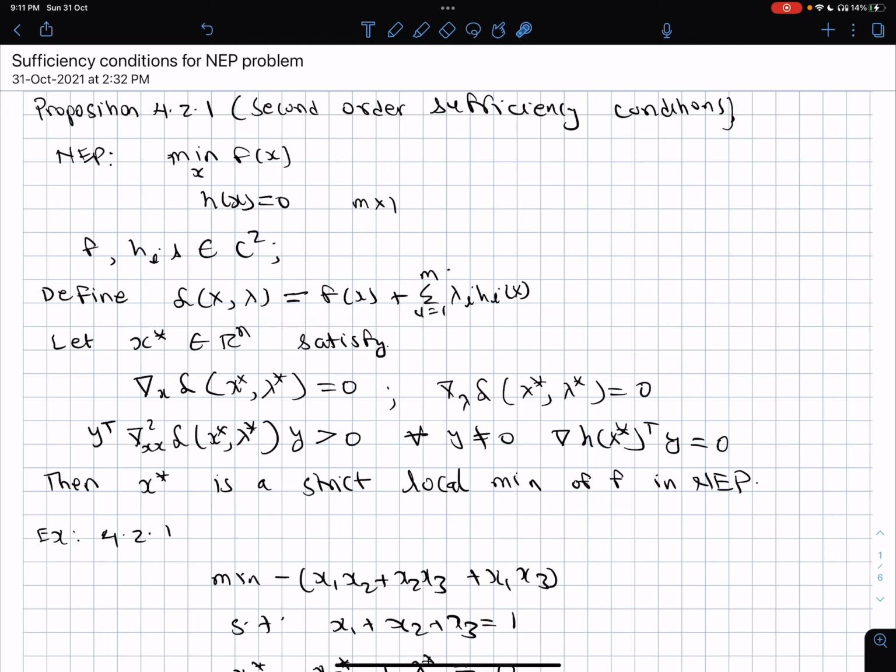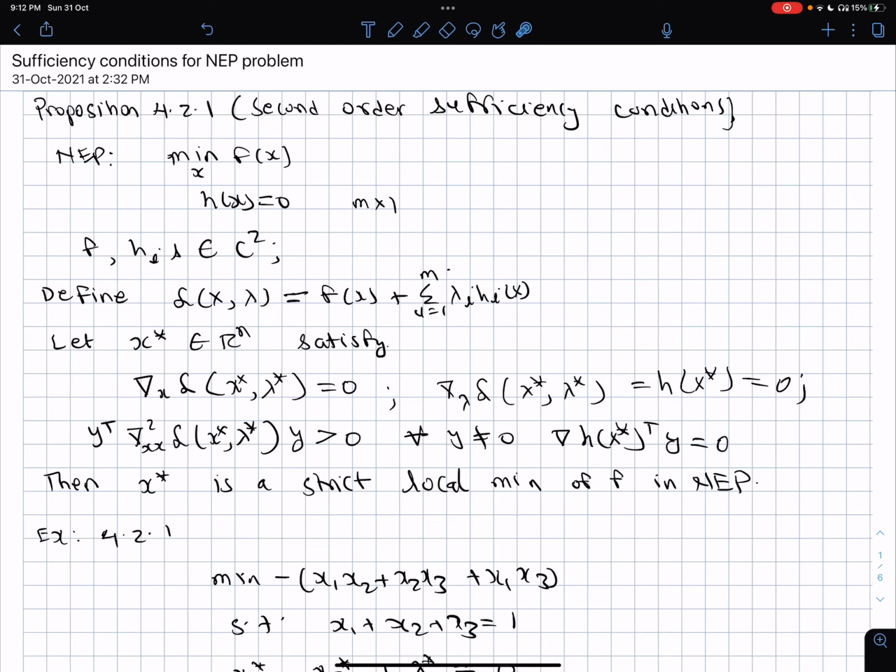So necessary conditions, as I said, are inbuilt in the sufficiency condition. So first of all, there will exist x star and lambda star such that x star, lambda star is a stationary point of the Lagrangian function. So its gradient vector with respect to x will be 0, and when you take it with respect to lambda, what comes out is basically the function h of x star, which should be 0, which means that it should be feasible.